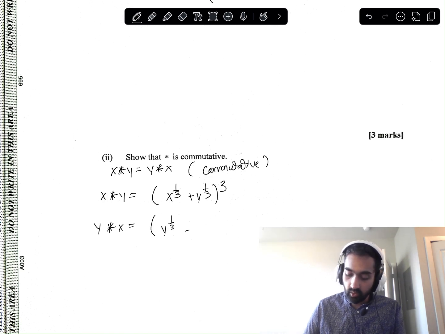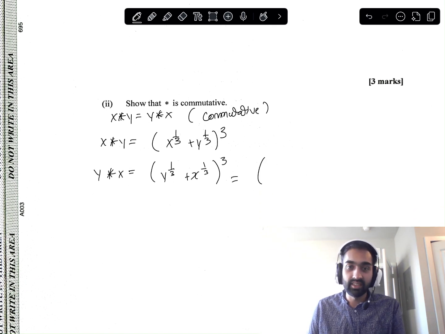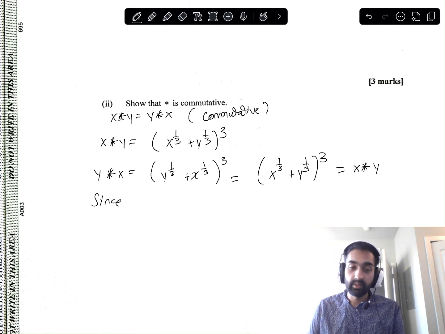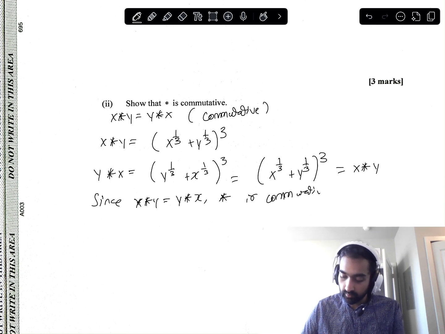That's (y to the 1/3 plus x to the 1/3) cubed. But addition doesn't depend on the order, so I could definitely switch those around: (x to the 1/3 plus y to the 1/3) cubed. And now these two are the same. So it's equal to x star y. And then you'll just say something like, since x star y equals y star x, star is commutative.